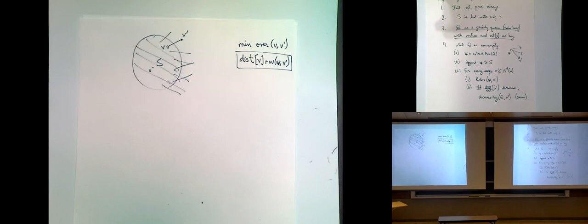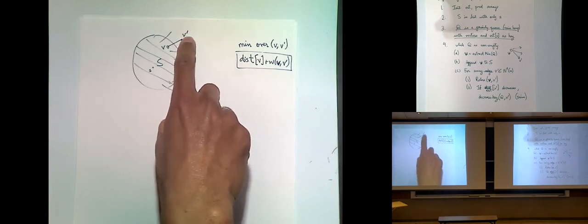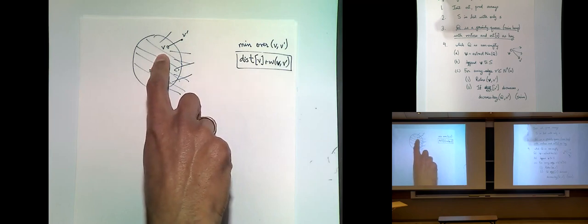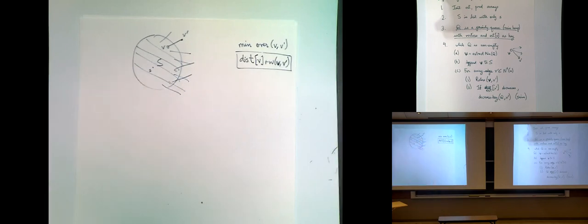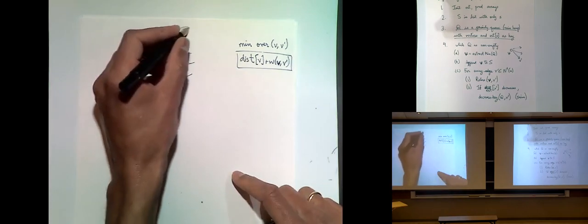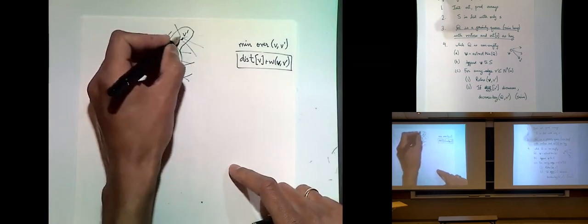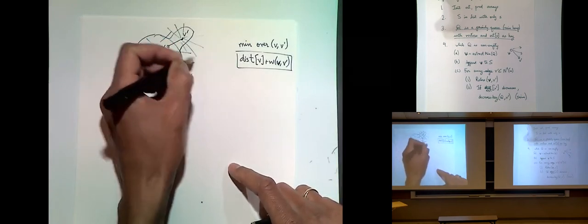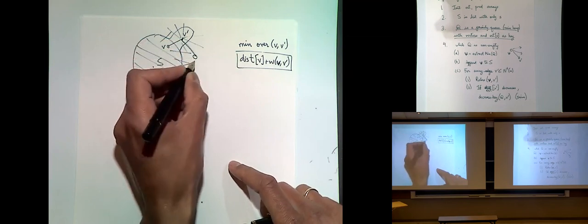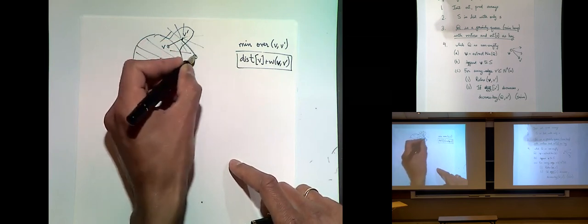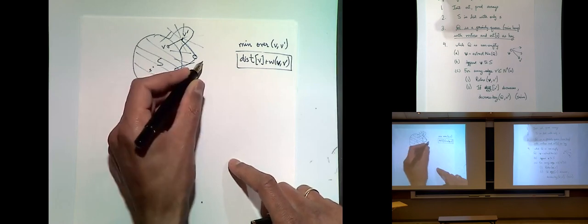Now the problem is that when you add V prime to S, you have new things to consider, and these quantities are potentially going to change. So when you add v prime to s, now there are these other edges that are going out of here. And you have to consider, maybe for this vertex here, it's better to go through v prime than to go by what it was initially.